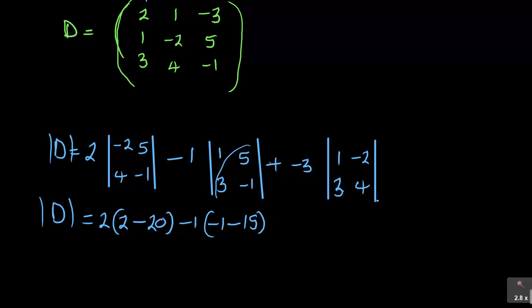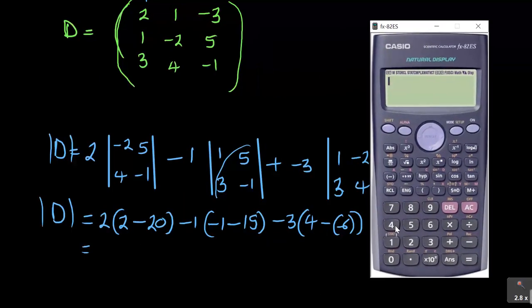And then I've got plus minus 3, times 1 times 4, which is 4, minus 3 times minus 2, which is negative 6. When I use a calculator, it's better to use a calculator straight away.